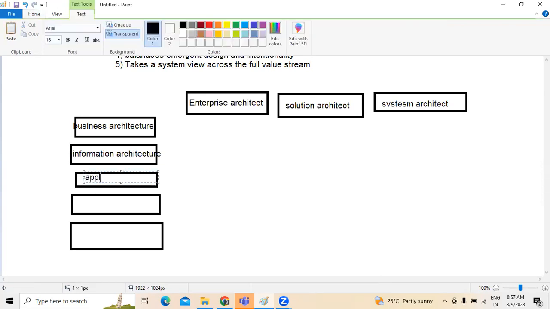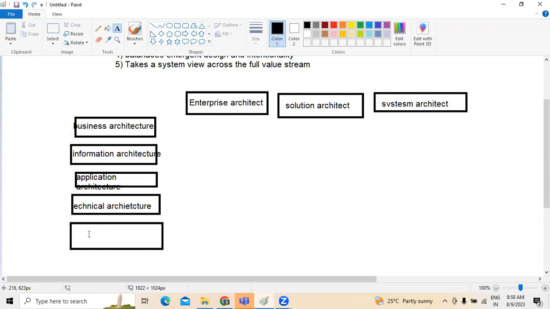The third one is called application architecture. Whatever applications we are developing comes under application architecture. At the same time, technical architecture, whatever technical applications we are establishing, comes under technical architecture, and so on. So this is how these architectures generally take place. These are all common domains.